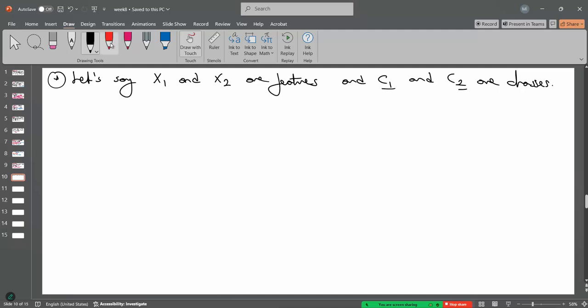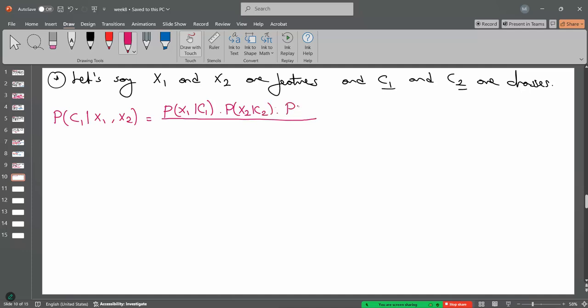For the formula, P(C1 given x1 and x2) equals P(x1 given C1) times P(x2 given C1) times P(C1), divided by P(x1) times P(x2).